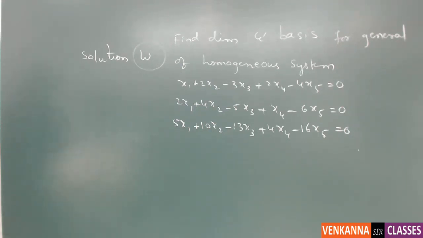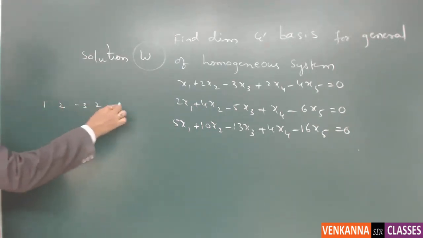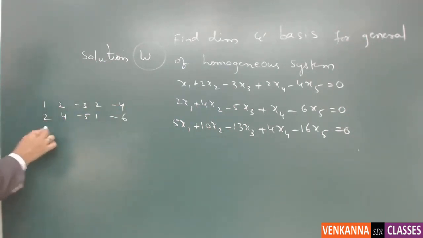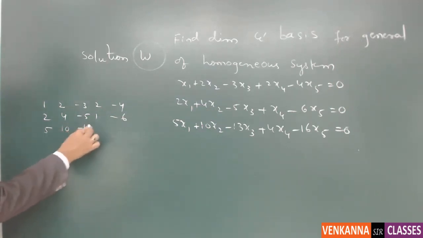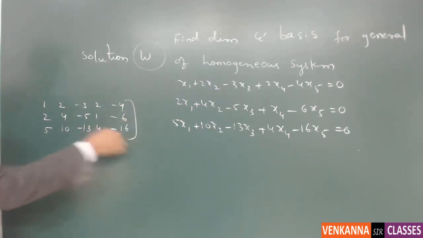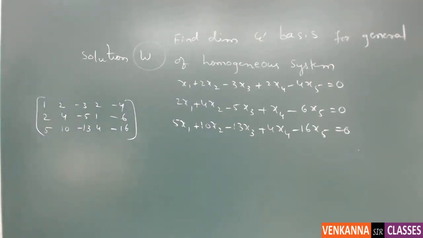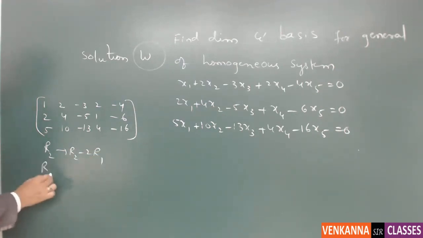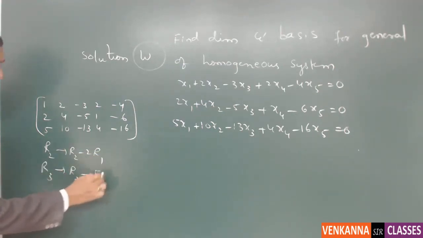Right. Now, as usual, it is just like solving the homogeneous system. So just write the coefficient matrix here: 1, 2, minus 3, 2, minus 4; 2, 4, minus 5, 1, minus 6; and 5, 10, minus 13, 4, minus 16. So this is a homogeneous system having 5 variables and 3 equations. Reducing that into echelon form, we apply the operations R2 tends to R2 minus 2R1, R3 tends to R3 minus 5R1.